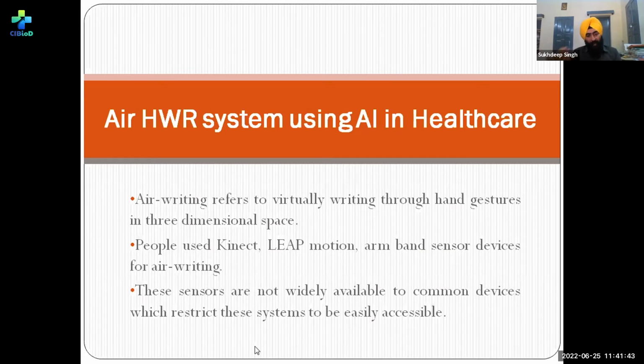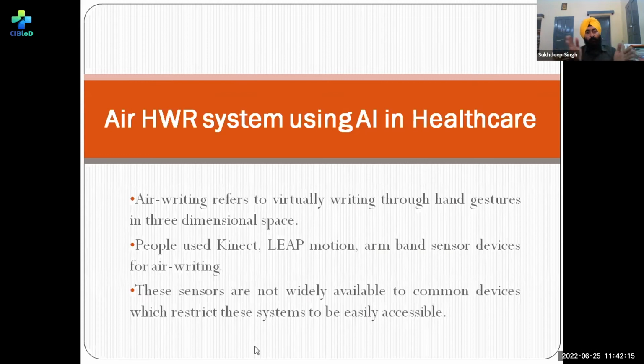So if there is any idea or anything he has to write, he will directly wave his finger or hand in the air, and the movement of his hand will be captured by different cameras. Once the movement has been captured by the cameras, there will be a video, and from the video different frames will be extracted.